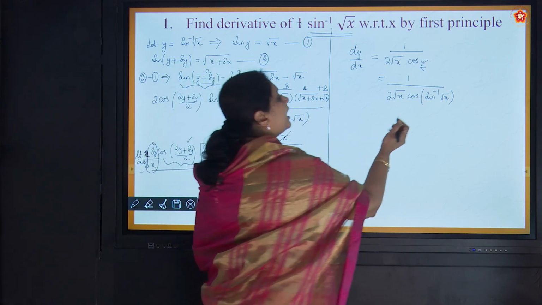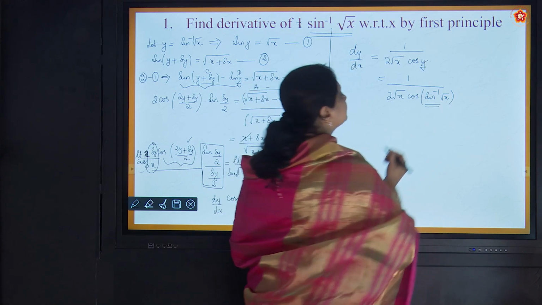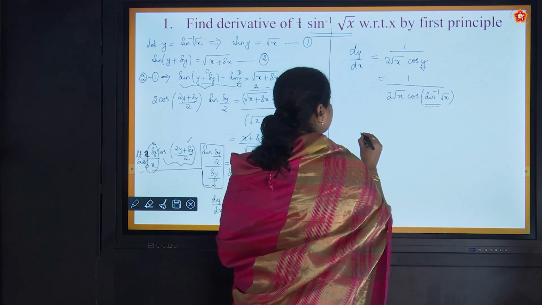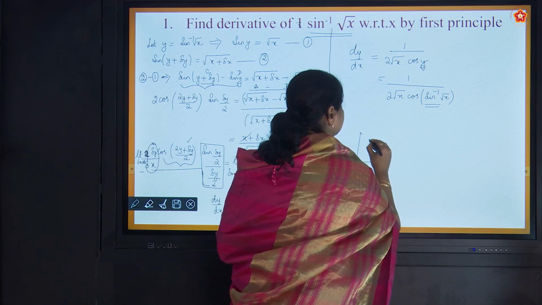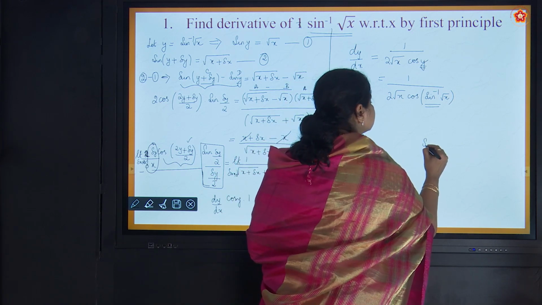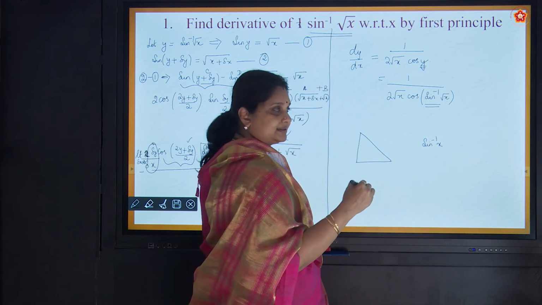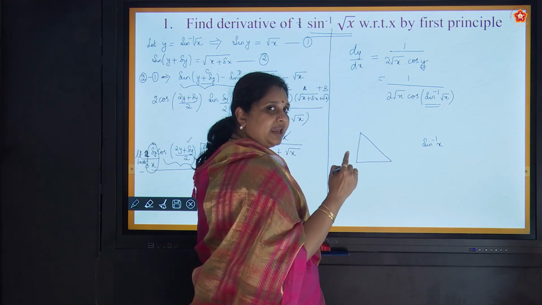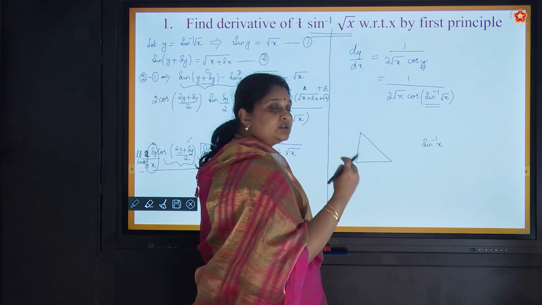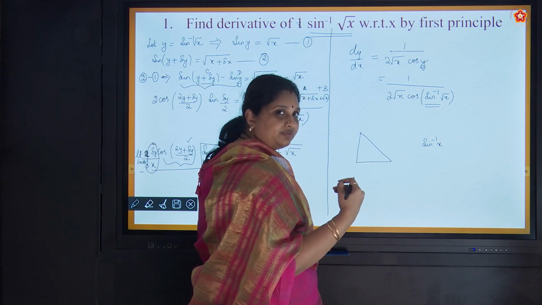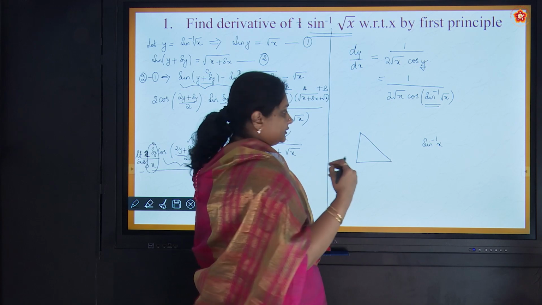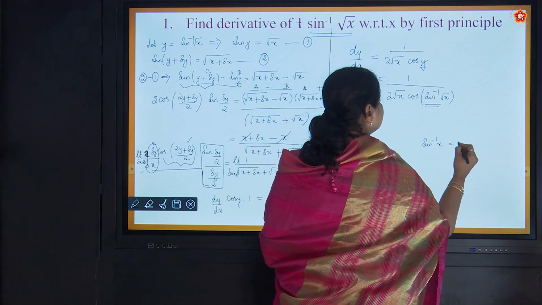Let me see how I can convert sine inverse to cos inverse. So let me explain it to you. Let's take a triangle. I'm going to first explain in terms of sine inverse of x. We have sine inverse of root x, but let me give you an equivalence of sine inverse of x and cos inverse of x. So let's take sine inverse of x is equal to y.